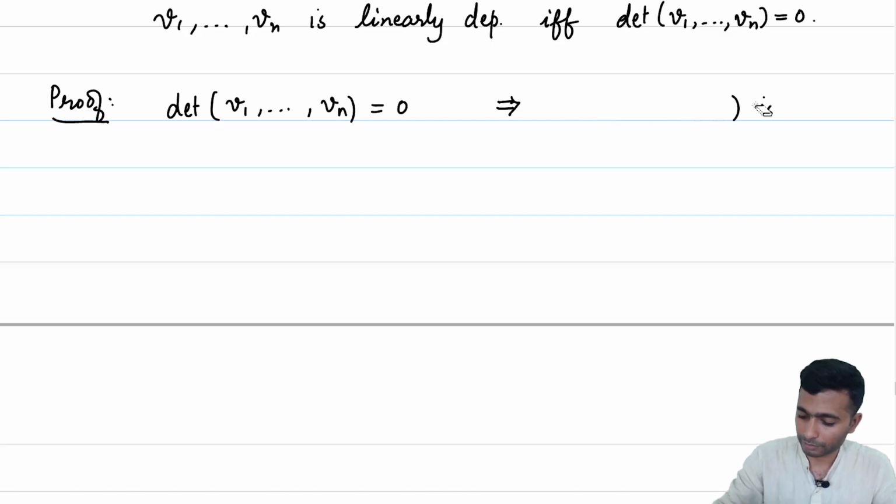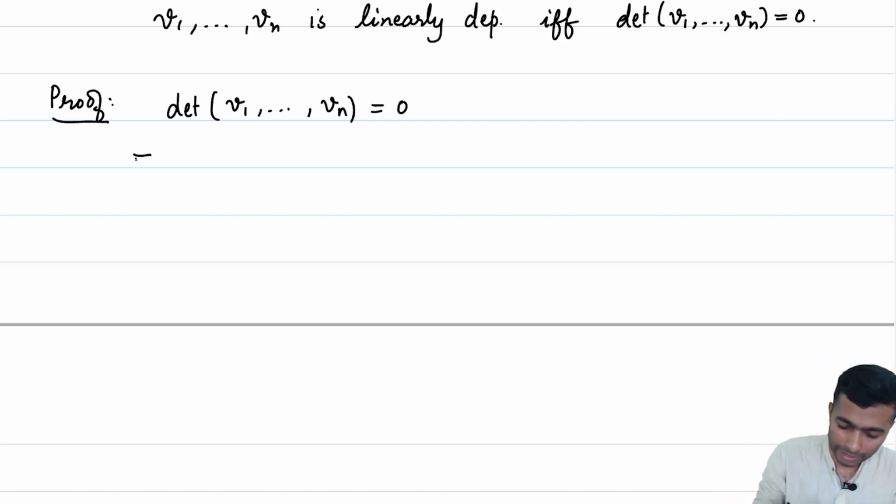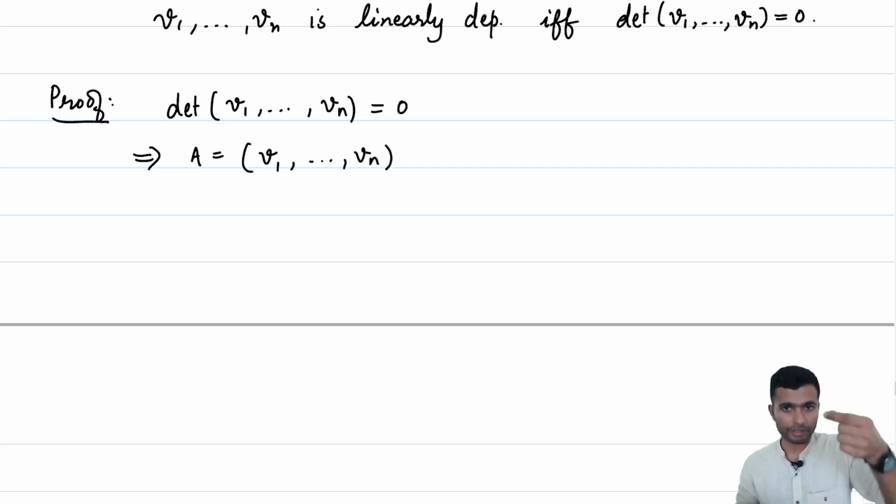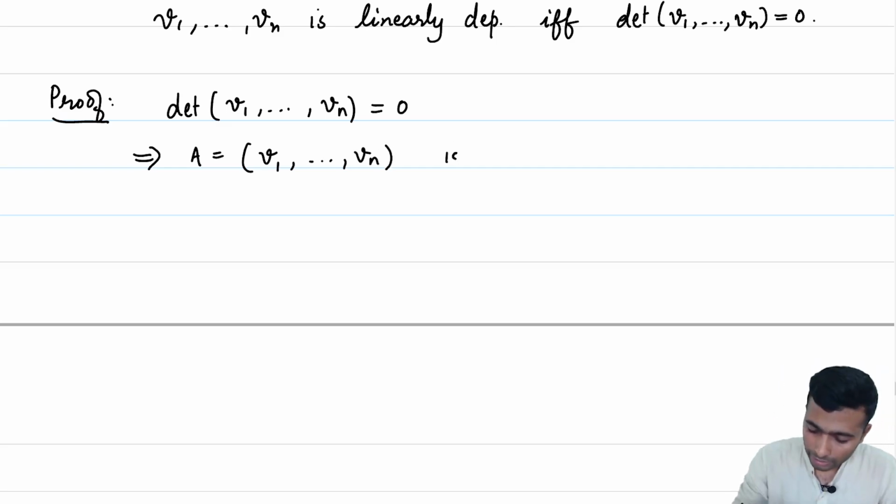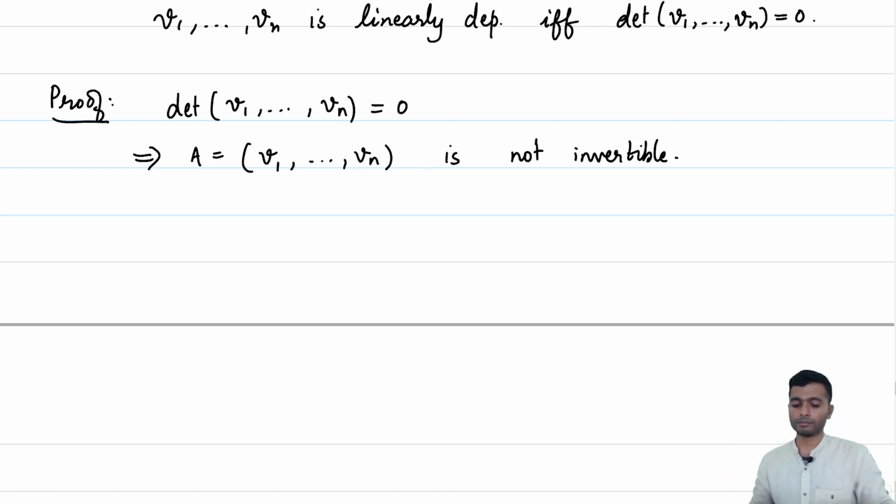So, let me write it down. This implies that the matrix A, which is given by v1 to vn, where the columns are v1 to vn, is not invertible. This is the case by the previous theorem. As a corollary to the previous theorem, we have that A is not invertible.